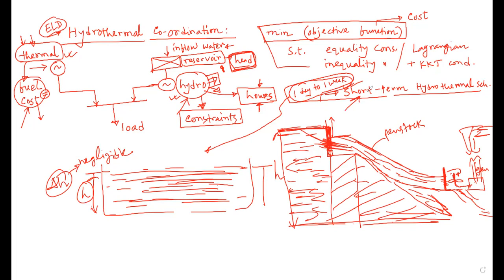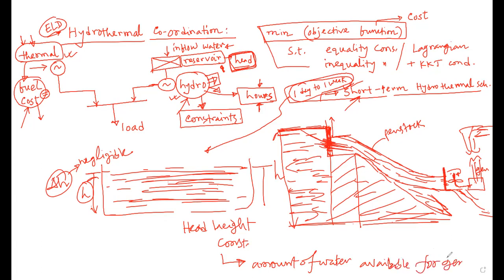So we will consider that for a single day, the head height is constant. In other words, the amount of water available for generation with the help of the hydro system is constant.